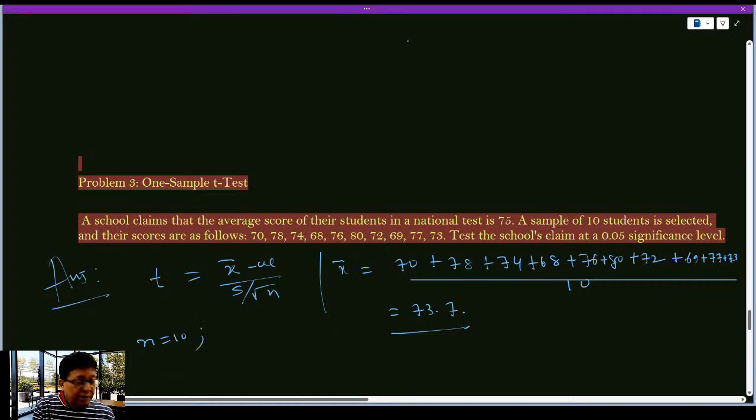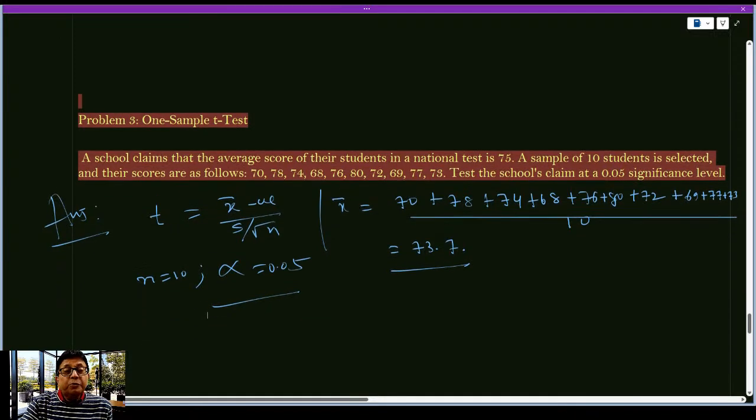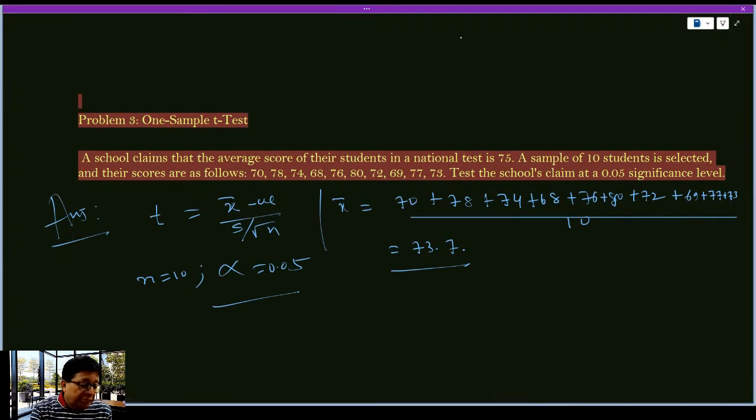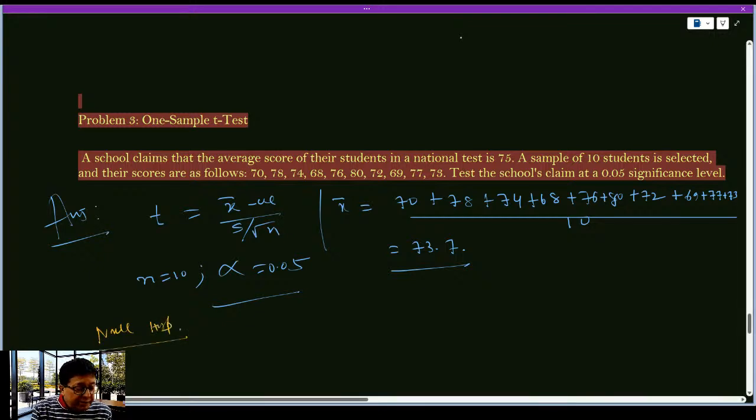N is 10. And what is alpha here? 0.05. So before you do further calculation, what are you going to assume? You are going to assume the null hypothesis. What is that?